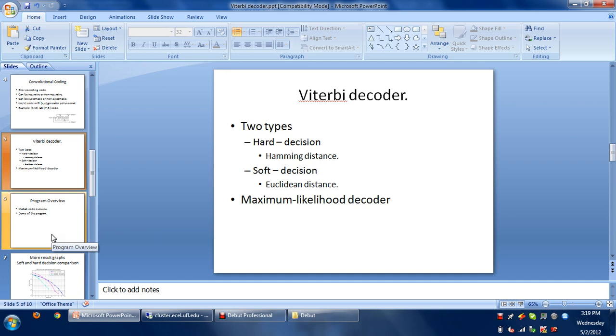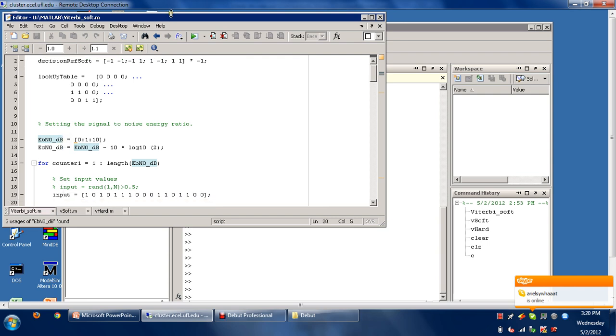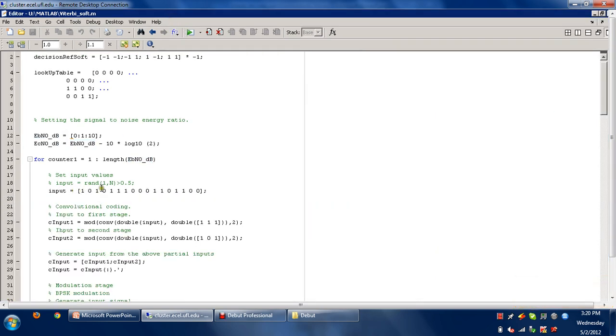Now going to the program overview, I have the program open here in a remote machine. The first thing, this is the Viterbi software. It is implementing the soft decoder, and to start off, we have the reference table and the lookup table. Here we give the signal to noise, and this is the input sequence.